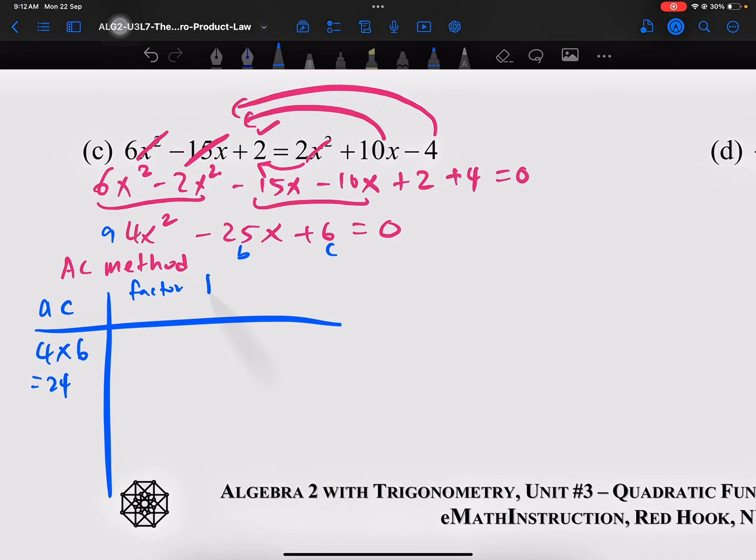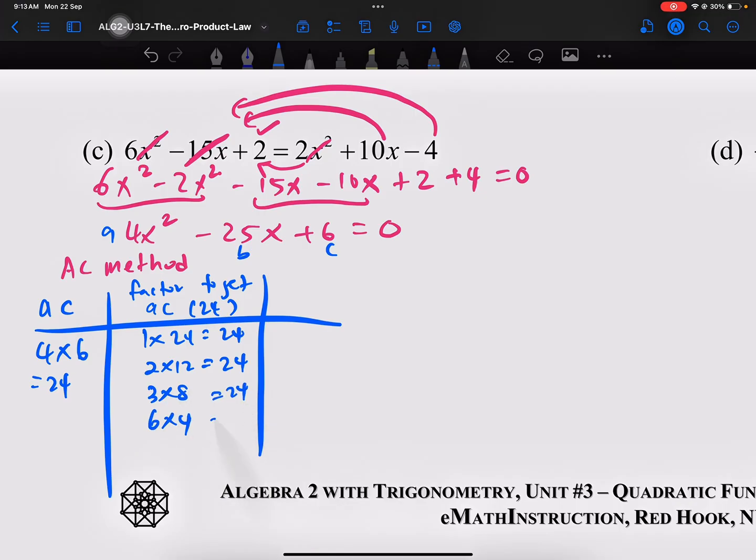Factor to get AC, 24. I have 1 times 24, 2 times 12, 3 times 8, 6 times 4. Okay, remember that I want my sum of factor equal negative 25. Okay, look at here.